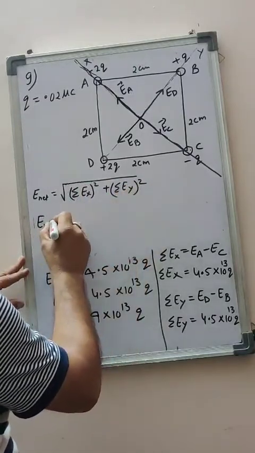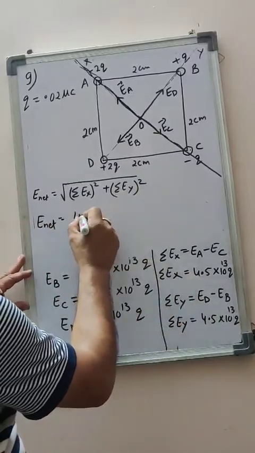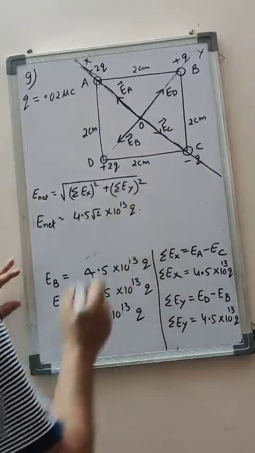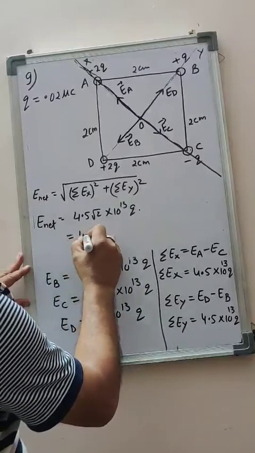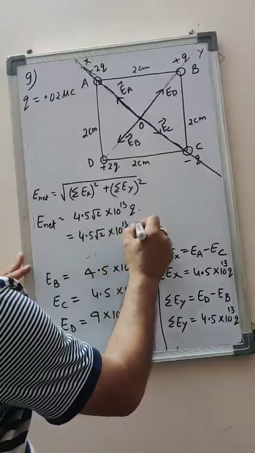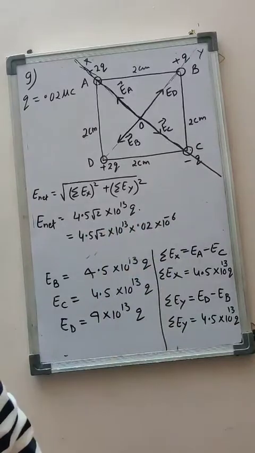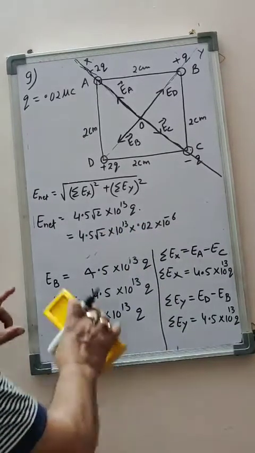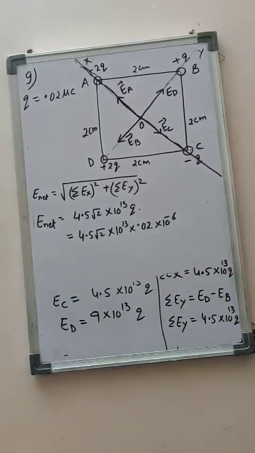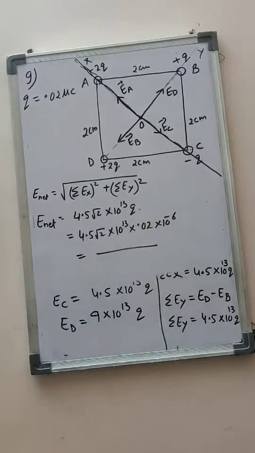As both values are equal, sigma Ex and sigma Ey, E net will be 4.5 root 2 into 10 power 13 Q. Now put the value of Q, 4.5 root 2 into 10 power 13, and Q is 0.02 into 10 power minus 6, and you will get the final answer for the magnitude of net electric field.